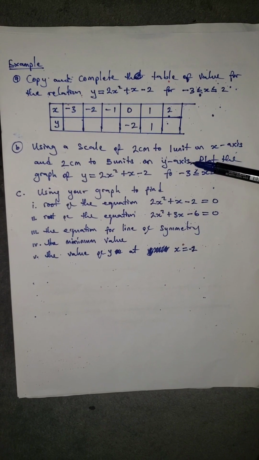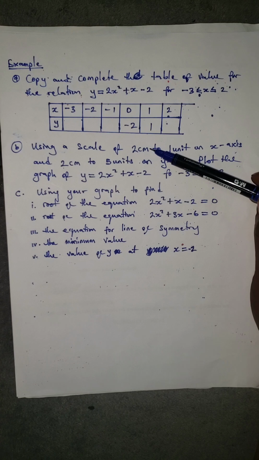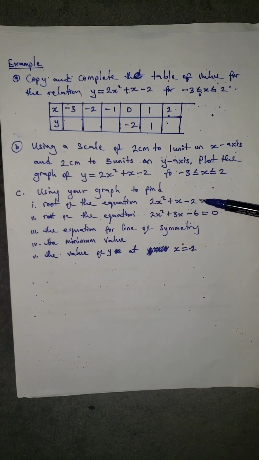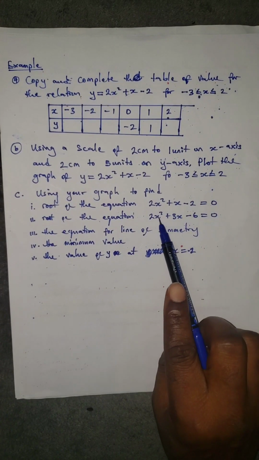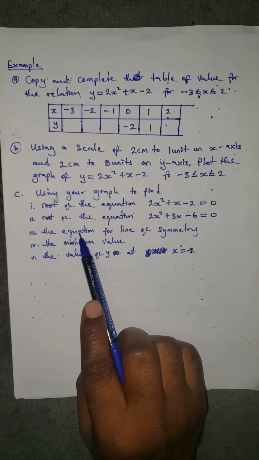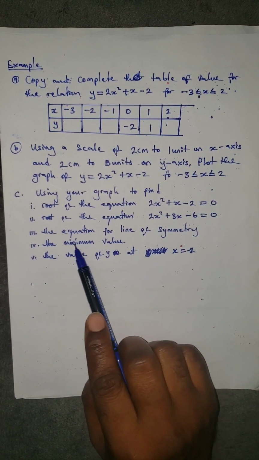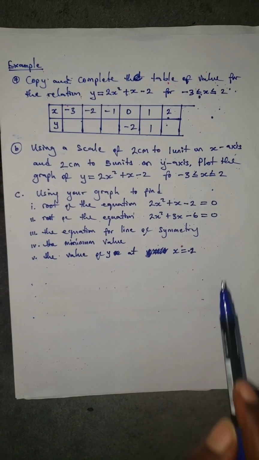And we are asked to plot a graph. We are given a scale and we are asked to use our graph to find the root of the equation. Of course, they always ask this one. Okay, so I will talk about it when we get to this point. Then to find the equation for the line of symmetry, to find the minimum value, and to find the value of y at s equals to minus 2.